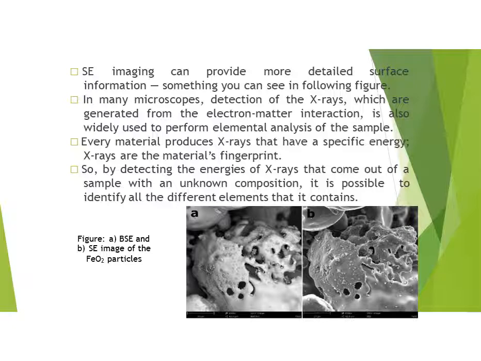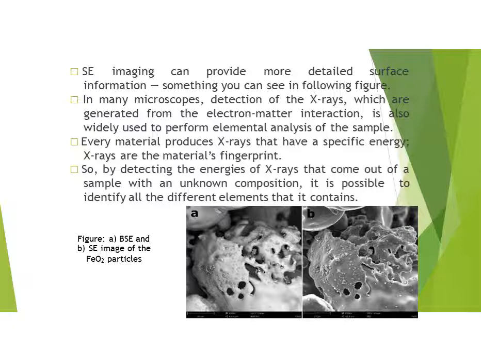Every material produces X-rays that have a specific energy. X-rays are the material's fingerprint. So, by detecting the energies of X-rays that come out of a sample with an unknown composition, it is possible to identify all the different elements that it contains.